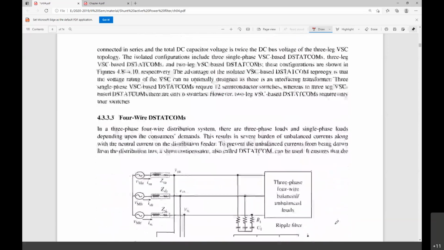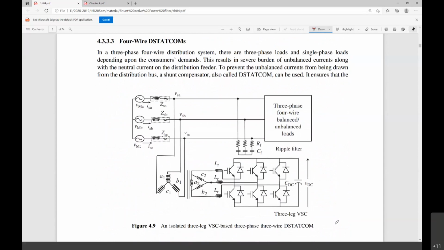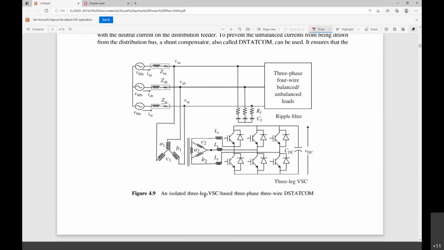Next is a 3-phase 3-wire, an isolated 3-leg VSC based D-STATCOM with a delta-star connection of the transformer. Especially this particular point is a delta-star connected transformer only.